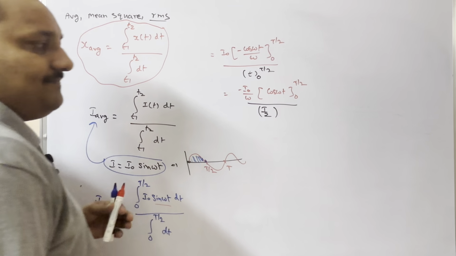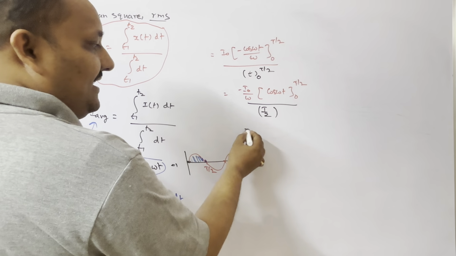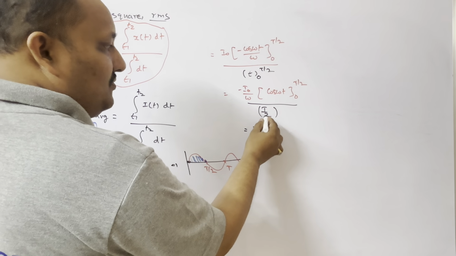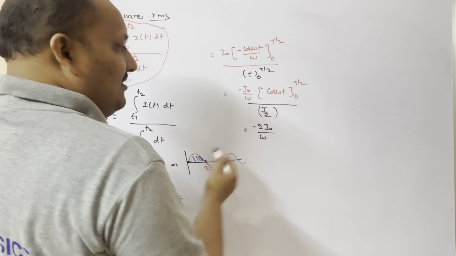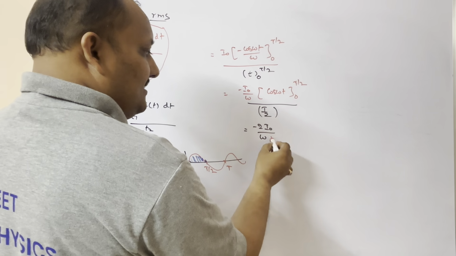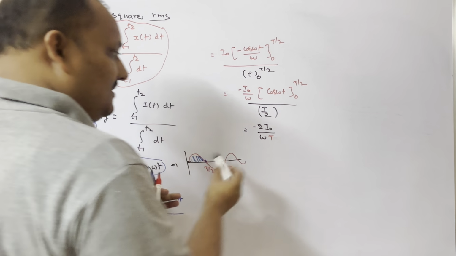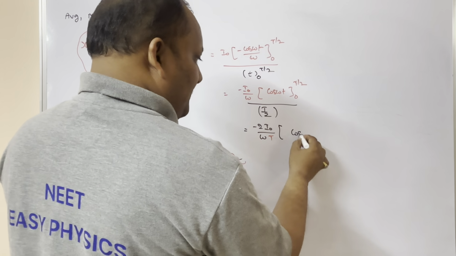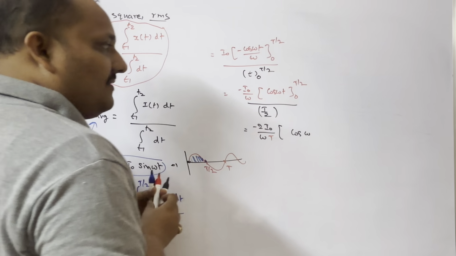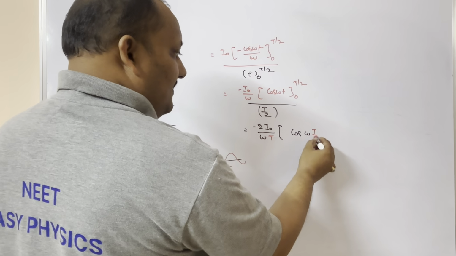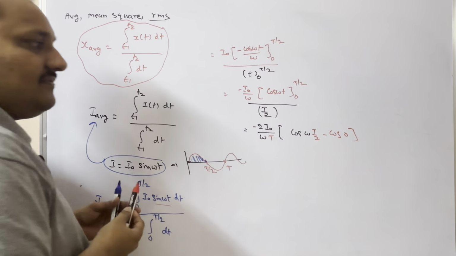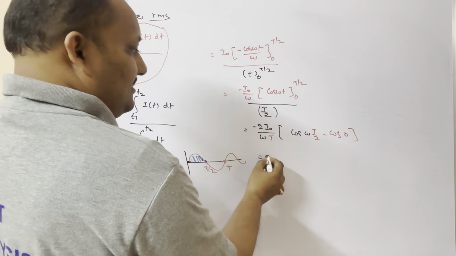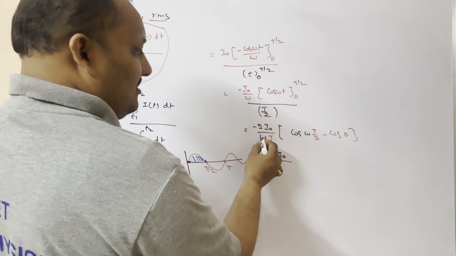If you write carefully, this minus 2 goes to the numerator: I naught by omega, and this T remains the same. Substituting the upper limit, cos omega in place of t is T by 2, minus cos 0, where we substitute 0 for t. Now I am writing minus 2 I naught.